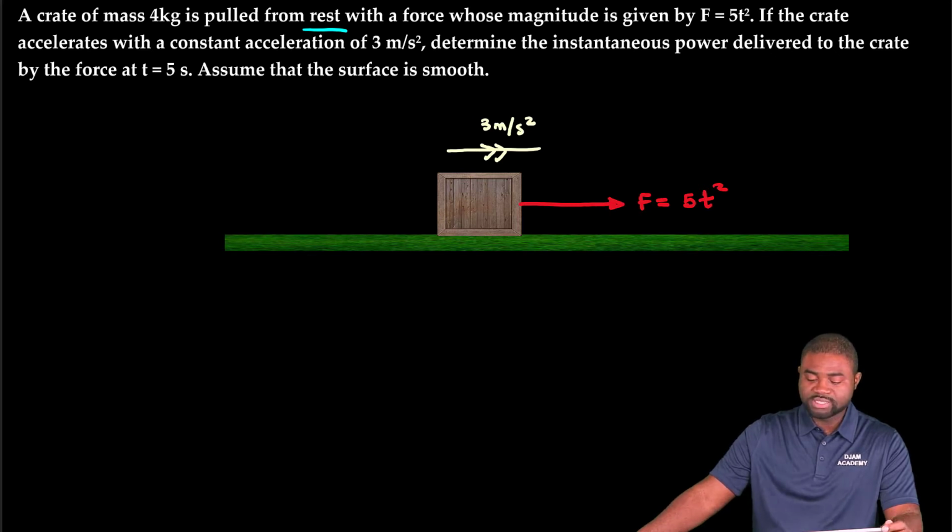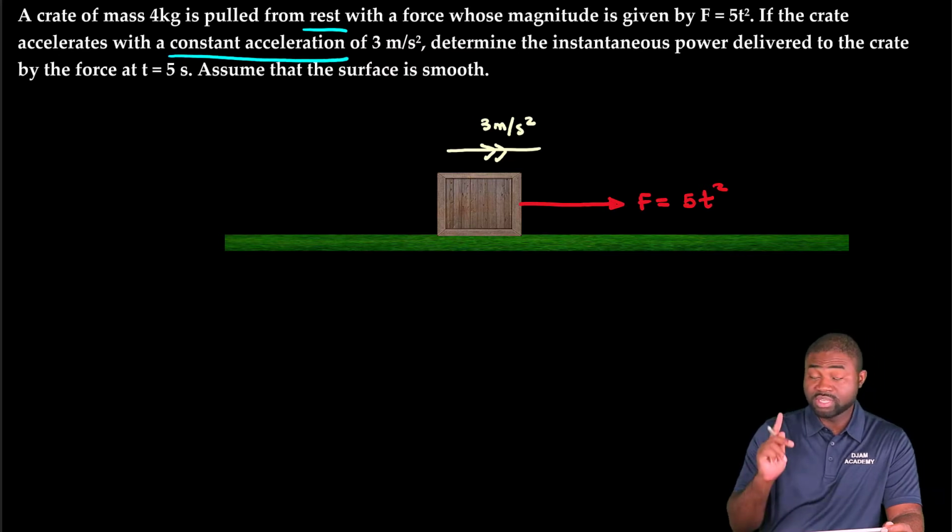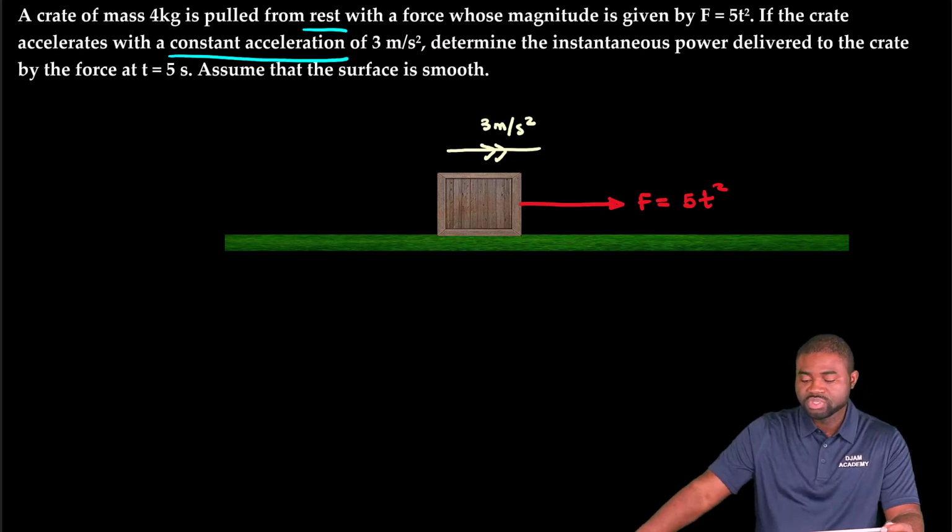If the crate accelerates with a constant acceleration, it's important that you know that the acceleration is constant, of 3 meters per second squared, determine the instantaneous power delivered to the crate by the force at t equal to 5 seconds. Now we will assume that the surface is smooth, which means there is absolutely no friction.